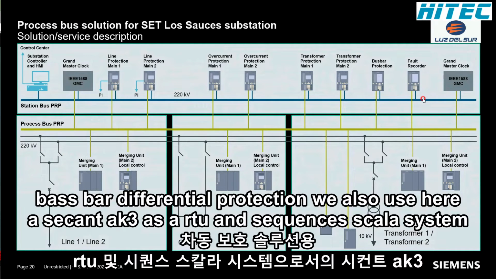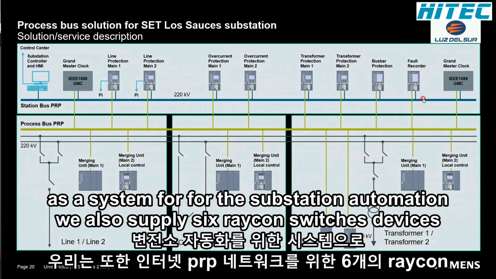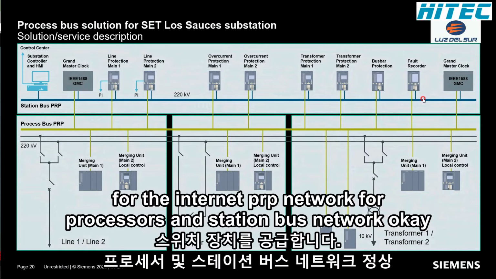We also use SICAM AK3 as an RTU and SICAM SCC SCADA system for the substation automation. We also supplied 6 RUGGEDCOM switches for the Ethernet PRP network, for the process bus and station bus network.